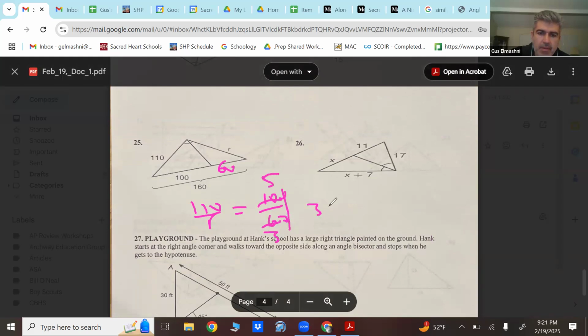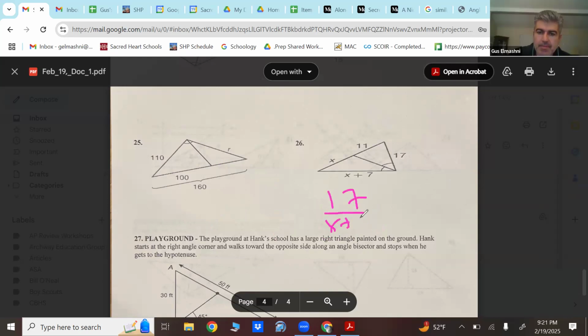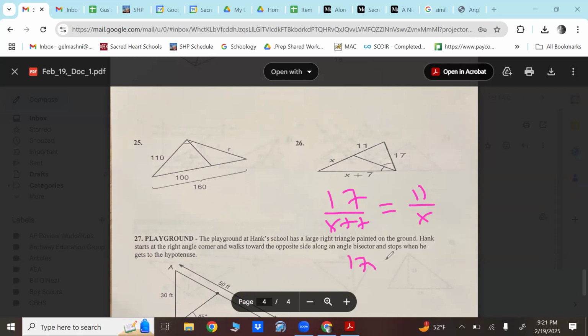That's 5/3. 36/6. 26. And for 26, you'll say 17 over X plus 7 equals 11 over X. So yeah, that can't be reduced.